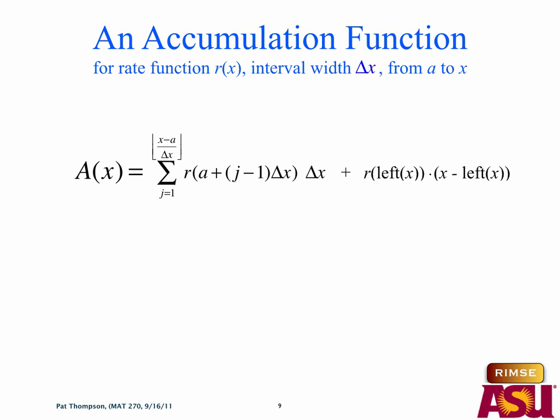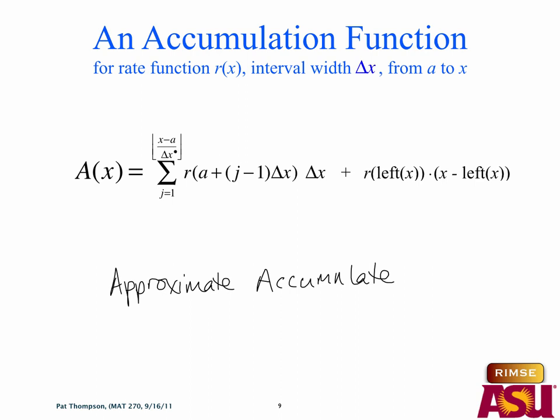And now what we're going to end up doing, as I showed you at the beginning of class, is make this better. So let's be careful. This is an approximate accumulation function, because we built it from our approximate rate of change function. We're doing all of these R of lefts, so these are approximate accumulations.